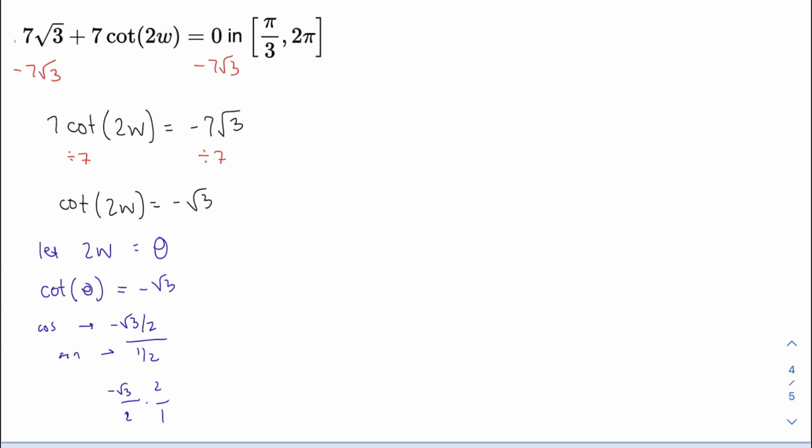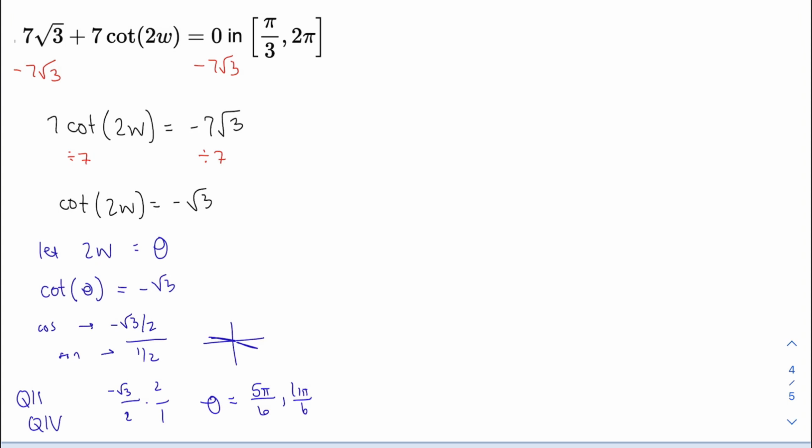Cotangent is negative in quadrants 2 and 4. So that means that I'm looking for a cosine of radical 3 over 2 in quadrants 2 and 4. So when I sketch that, it's going to give me 5 pi over 6 and 11 pi over 6 as my two thetas. But remember, I substituted out.